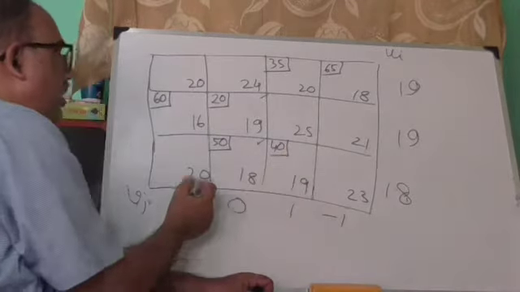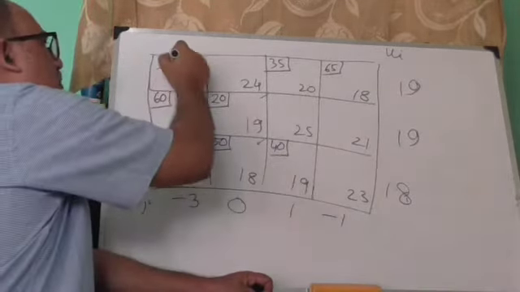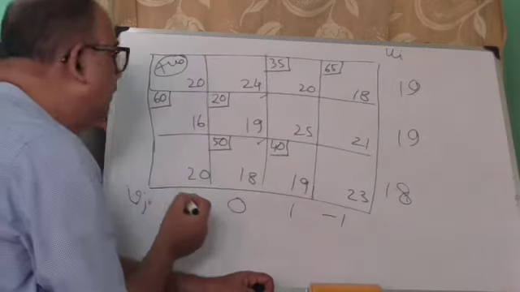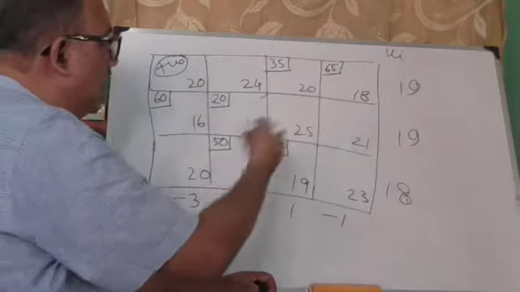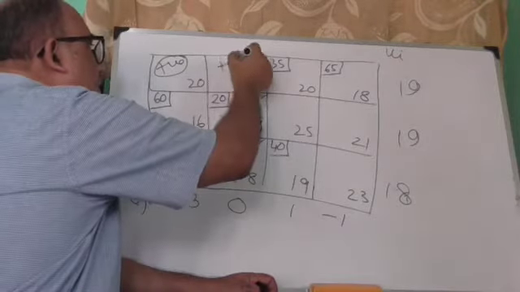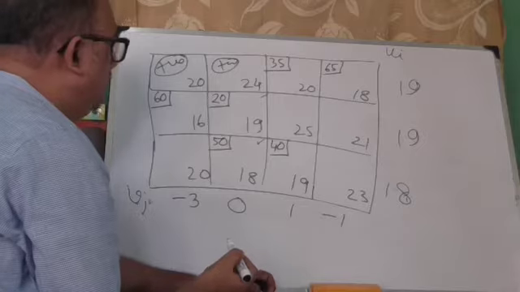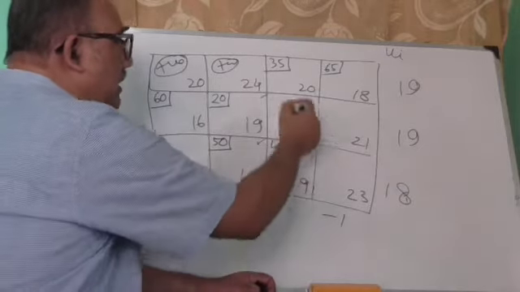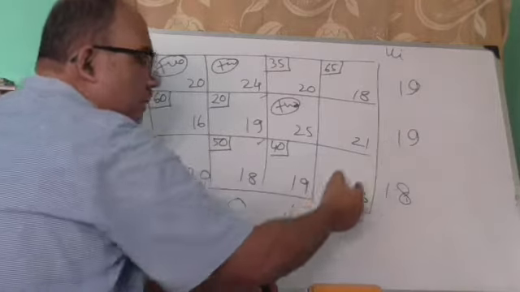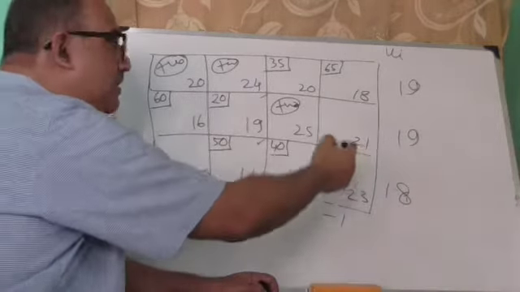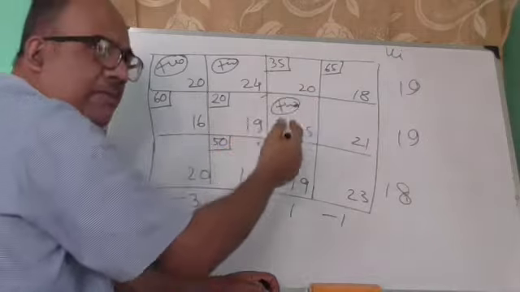So for this cell, this is already positive, so I am not writing the positive value. 20 minus 3 plus 19, so that gives you, this is also positive value. 1, this is also positive value. 25 minus 19 plus 1, so 25 minus 20 gives you plus 5, so it's a positive value.